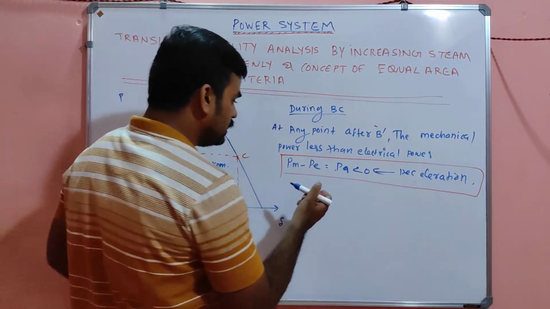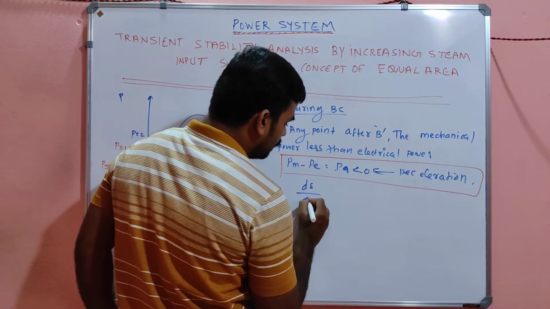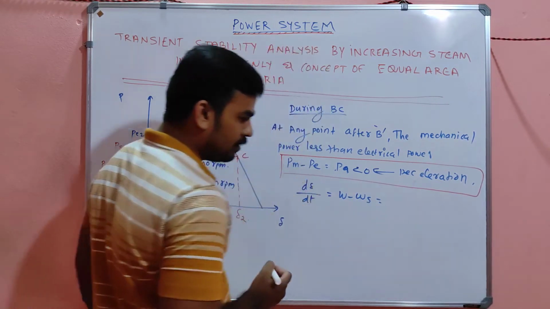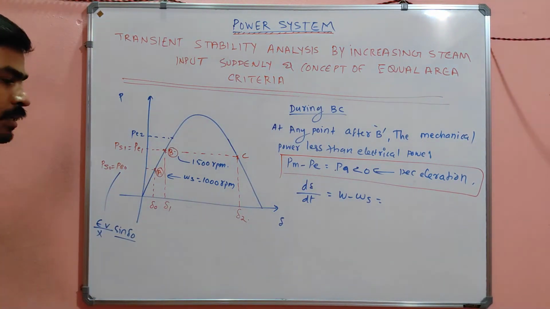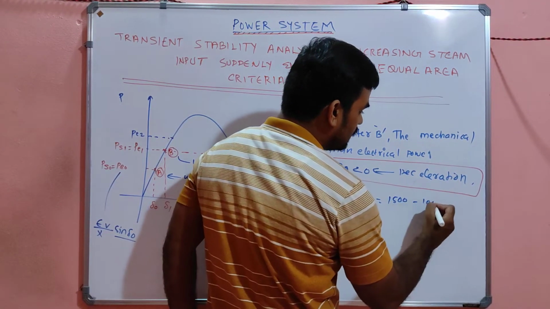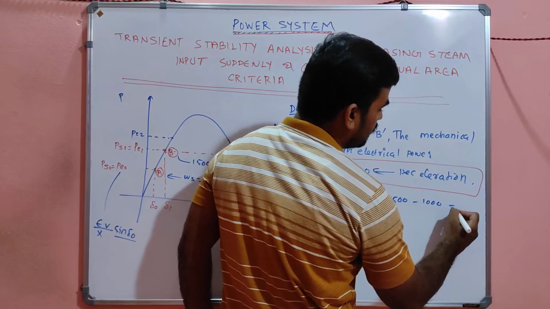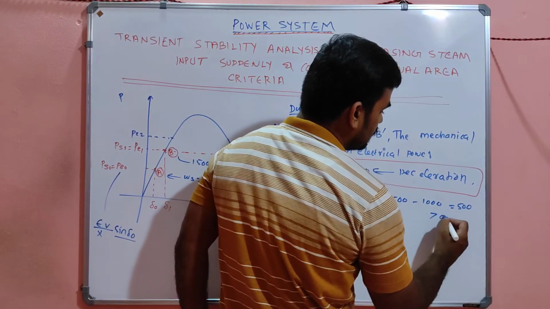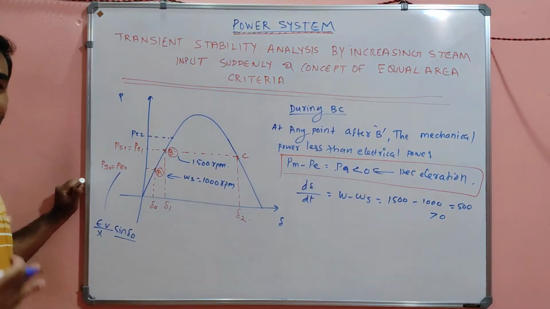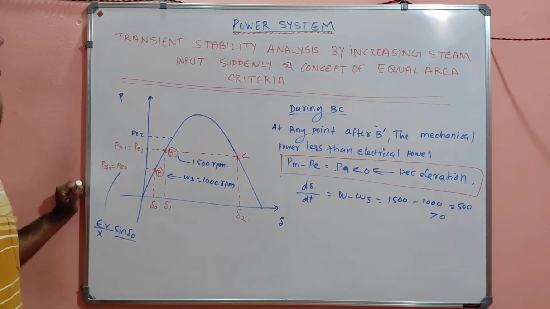And what happens to this d delta by dt now? D delta by dt is omega minus omega s. Is there any change? Omega is again 1500, omega s is again 1000, so again it is 500, which is greater than 0. Which means during BC also the rotor angle goes on increasing.